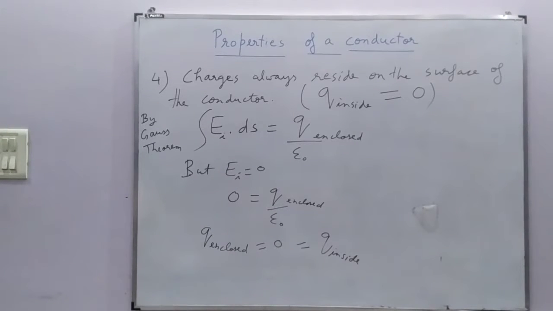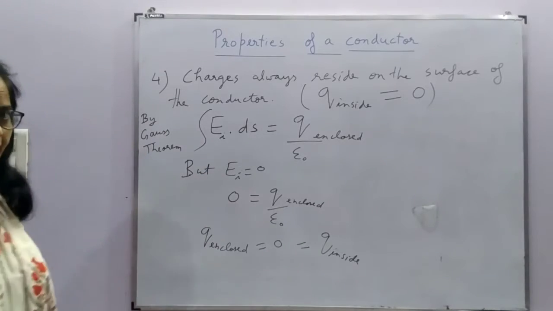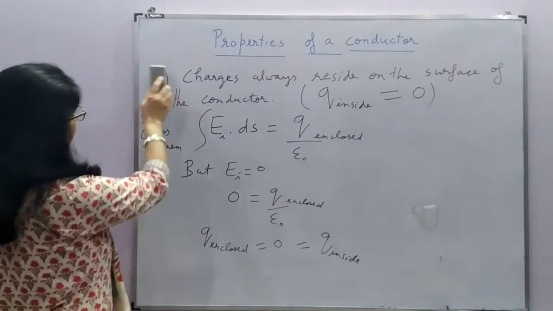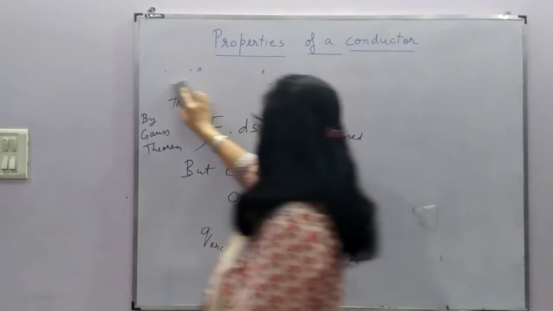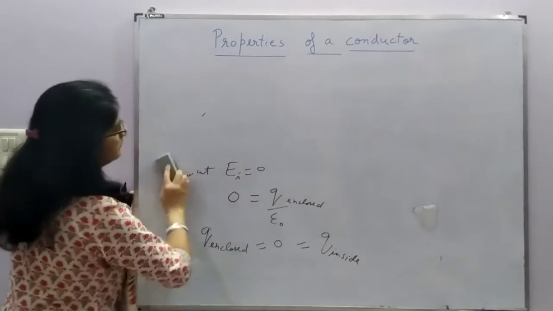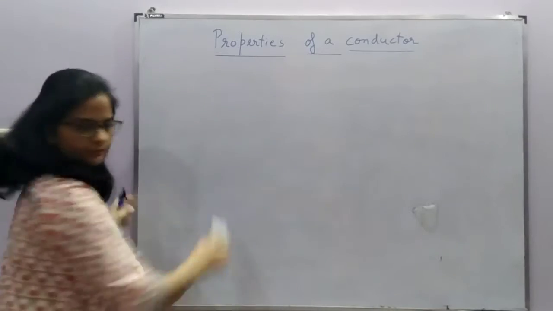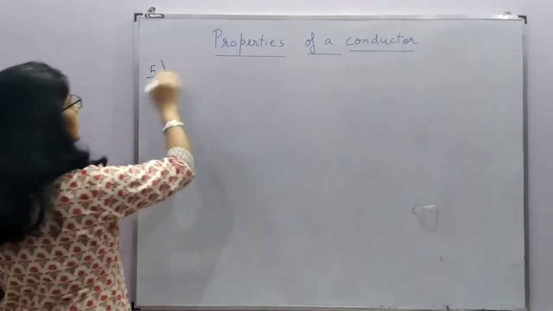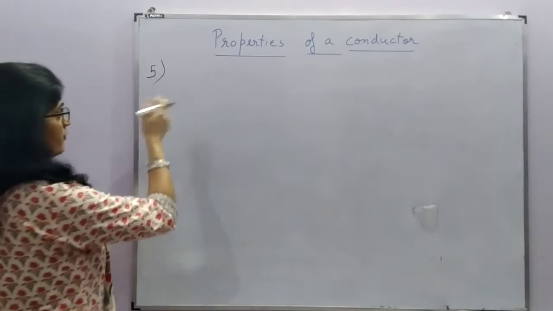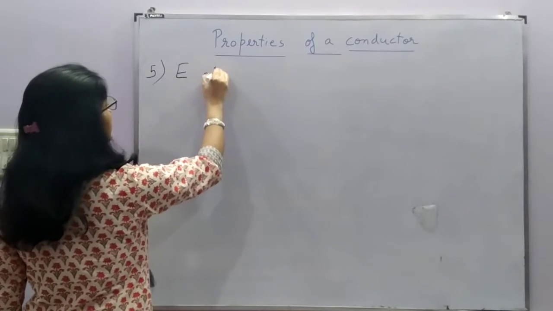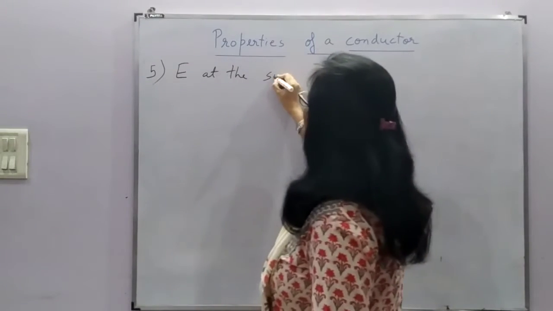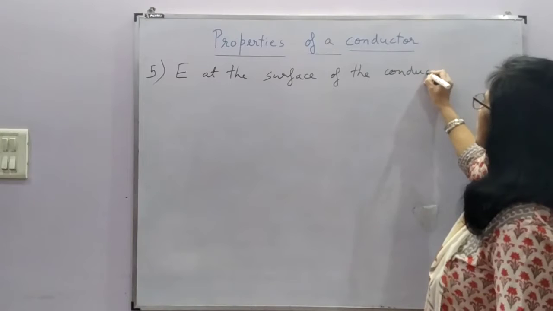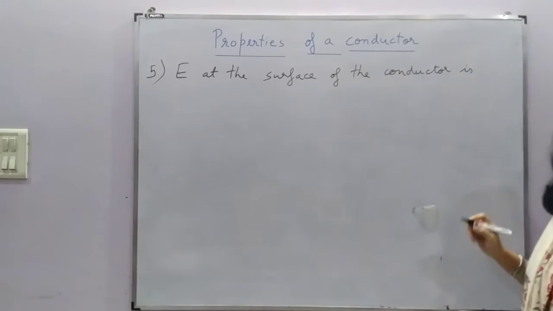Now let's come to the fifth property, which is the electric field. The value of the electric field at the surface of the conductor. So let's take the fifth point. The fifth point says that we have to prove that the electric field at the surface of the conductor is how much?